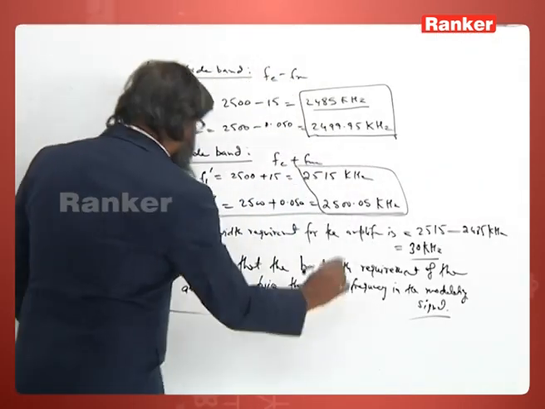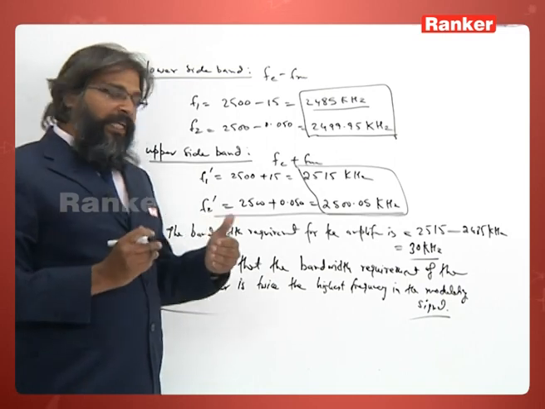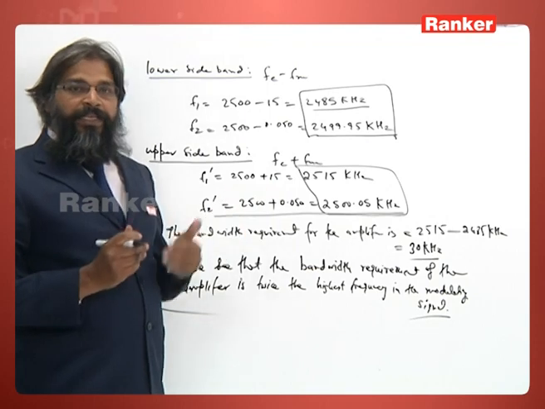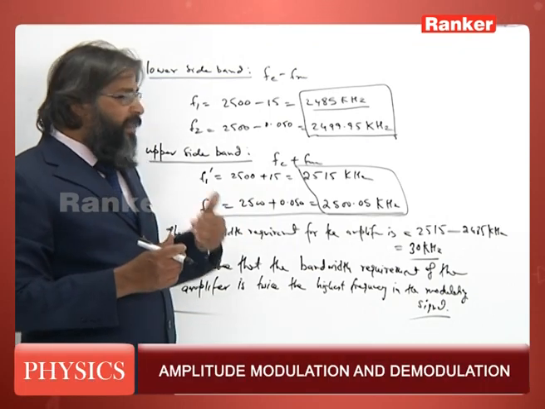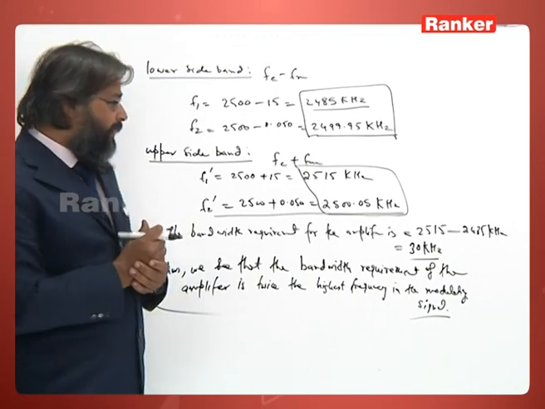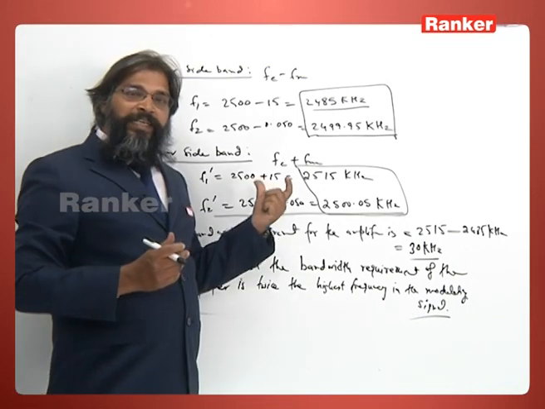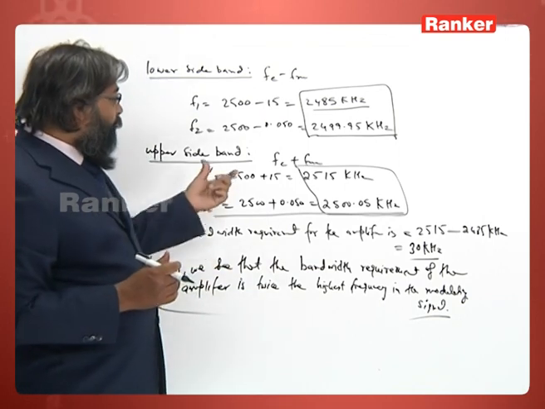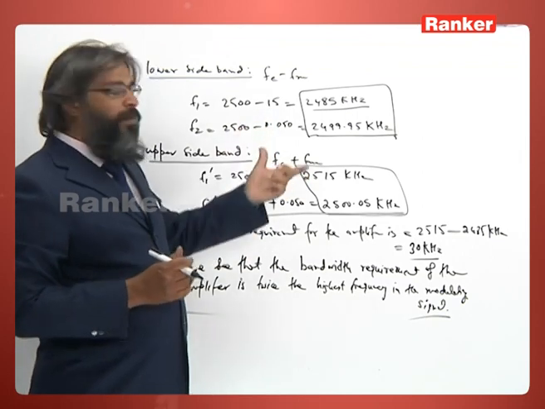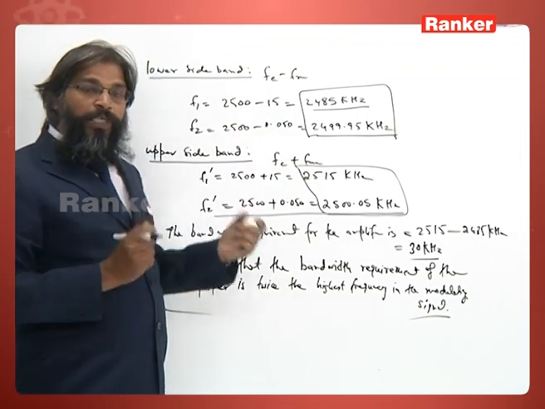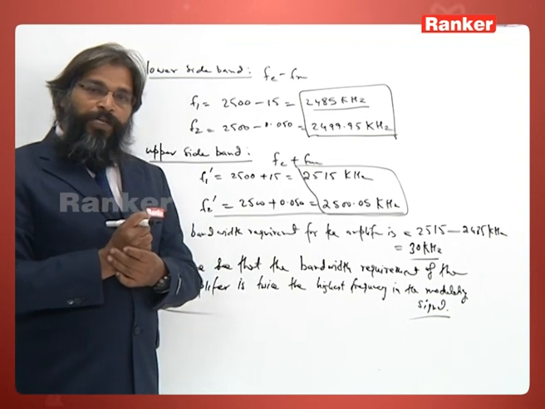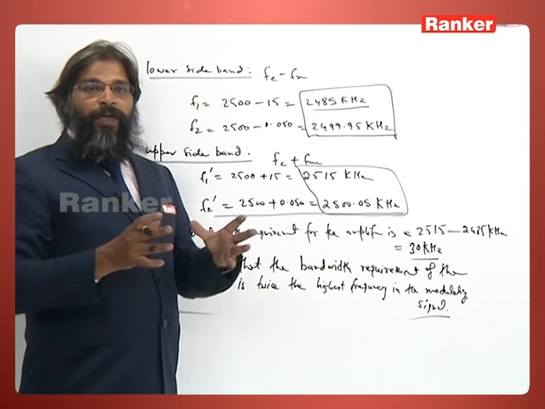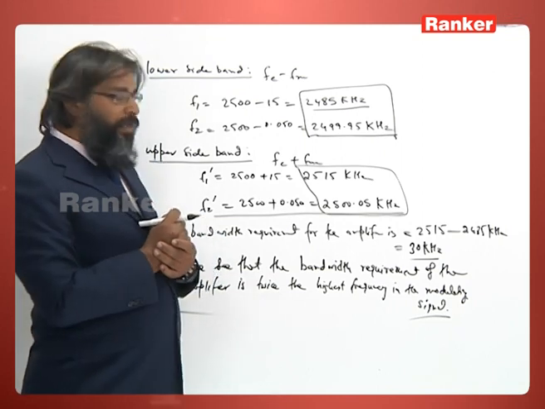This is our conclusion. So here we have seen that if my modulating signal is itself varying, and of course any signal to be transmitted will have varying frequencies, then while we decide the bandwidth of the transmission channel, we should take care of the maximum frequency of the modulating signal. 2 times the maximum frequency of the modulating signal will be the bandwidth requirement for the amplifier which is going to transmit my modulated wave.